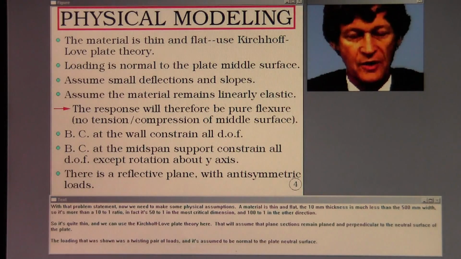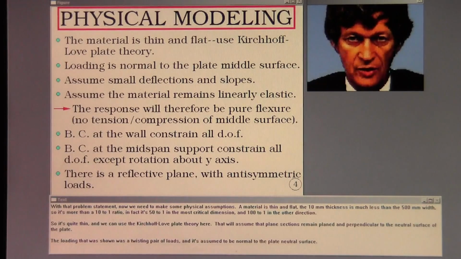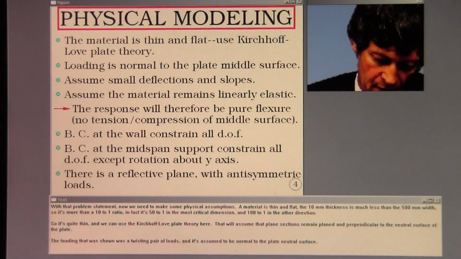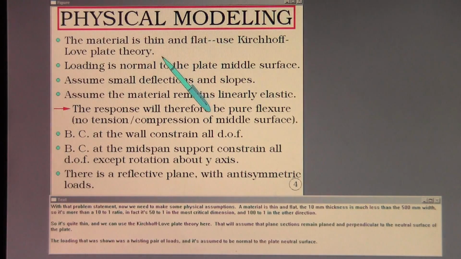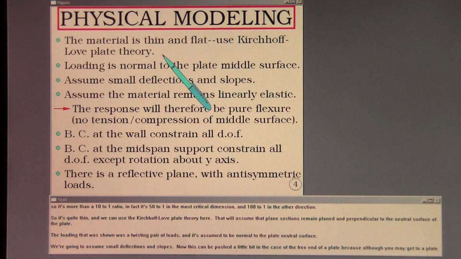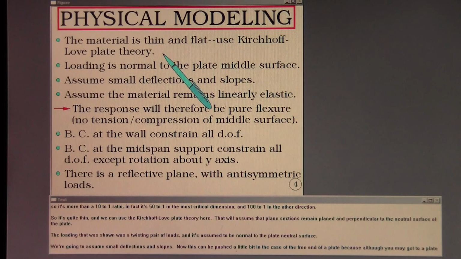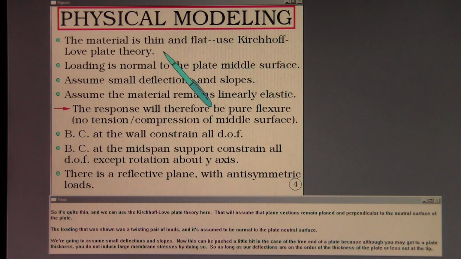With that problem statement, now we need to make some physical assumptions. The material is thin and flat. The 10 millimeter thickness is much less than the 500 millimeter width, so it's more than a 10-to-1 ratio. In fact, it's 50-to-1 in the most critical dimension and 100-to-1 in the other direction. So it's quite thin.